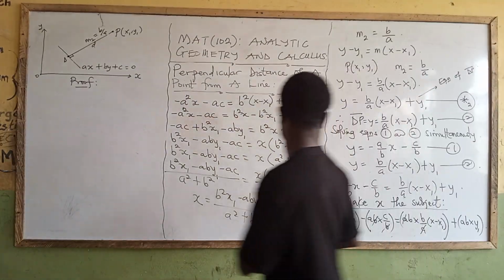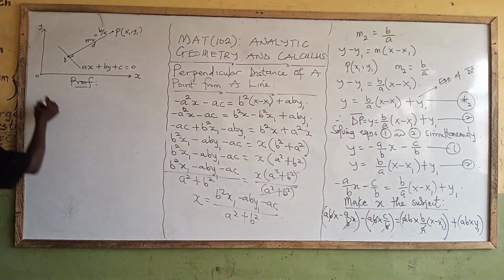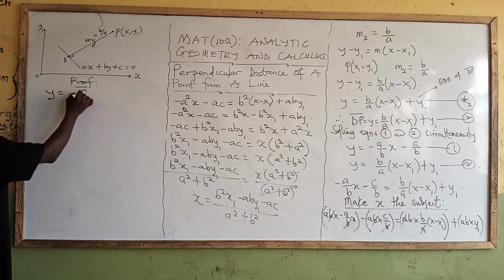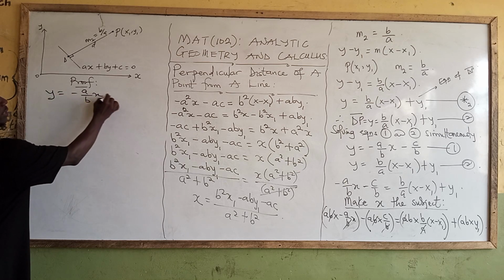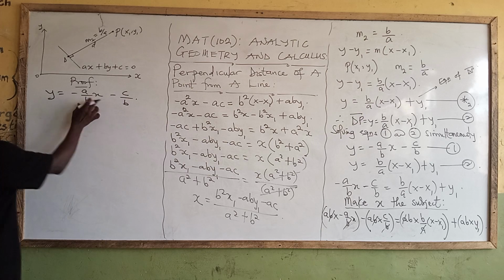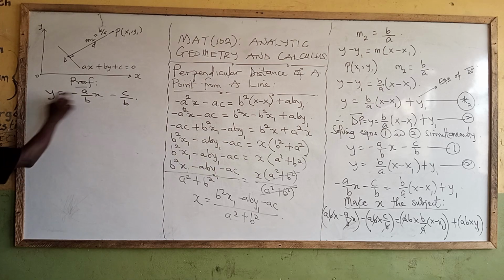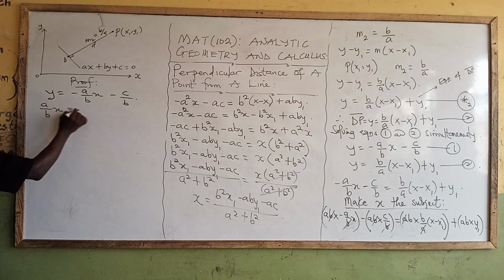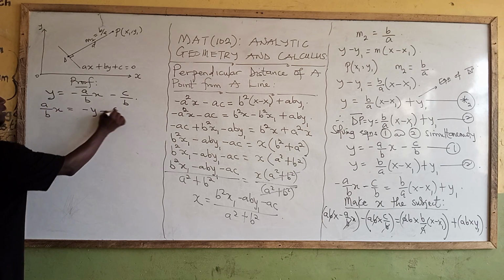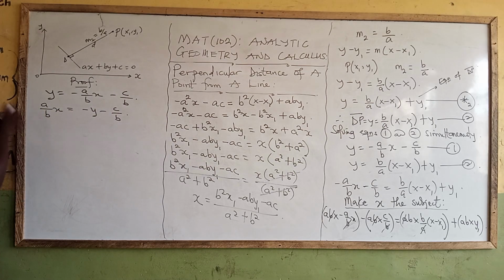So let's make x the subject here. So now I have y equals negative a over b x minus c over b. I send this one to the left hand side and bring this one. So I get a over b x equals negative y minus c over b. So we multiply through by what? b.